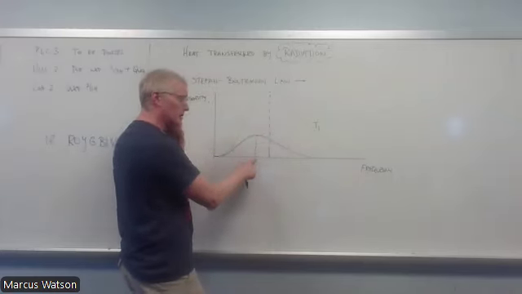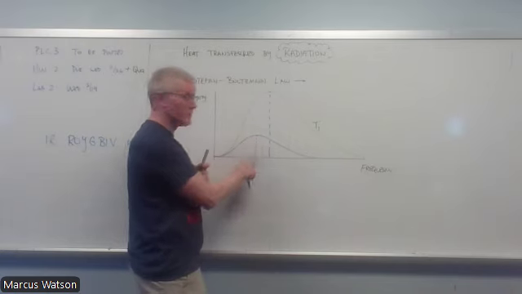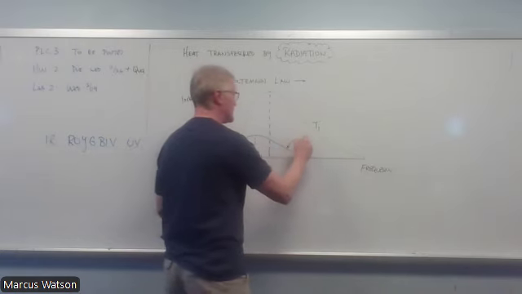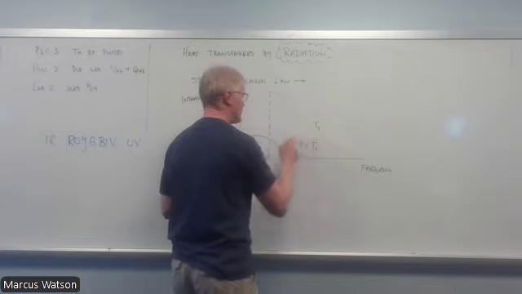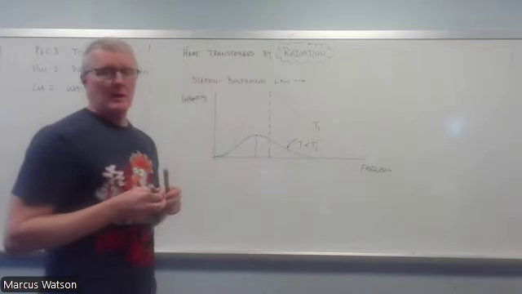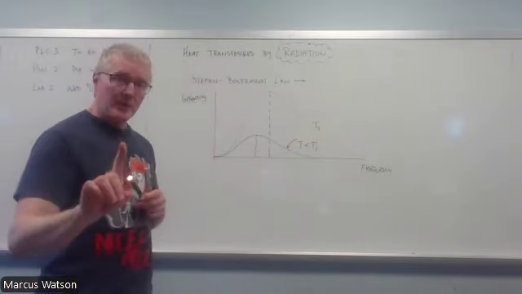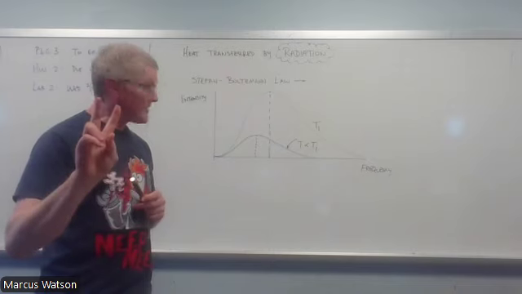There's a lower frequency at the peak of this curve, whereas this one is at a T, which is less than T1. So the area under the curve is less, and the peak has shifted.